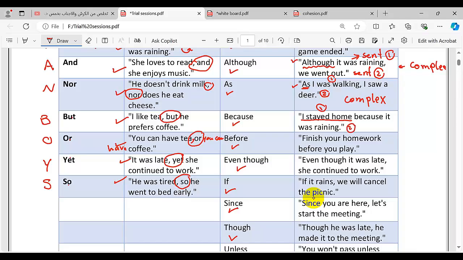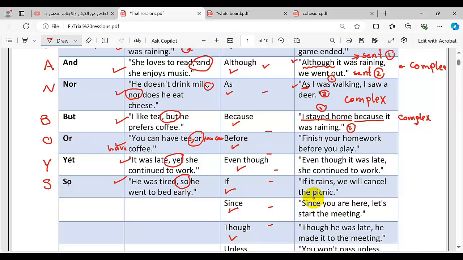The subordinating conjunction is because. So this kind of sentence is a complex sentence. What we learned right now is that using one of those subordinating conjunctions helps me create what? Complex sentences.